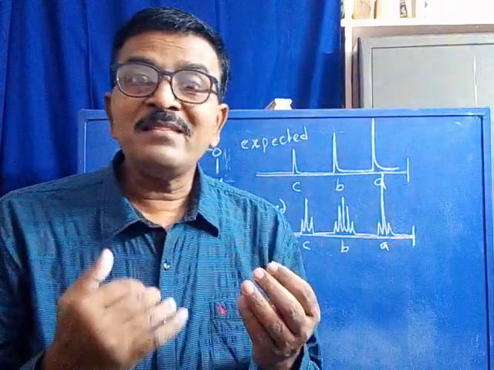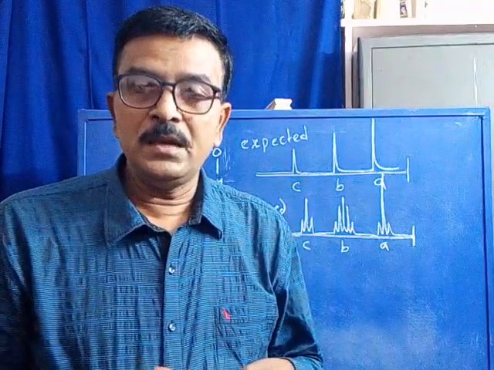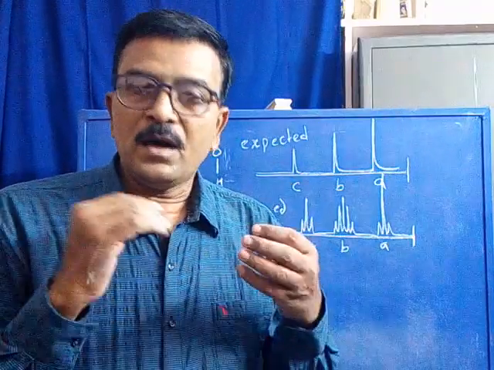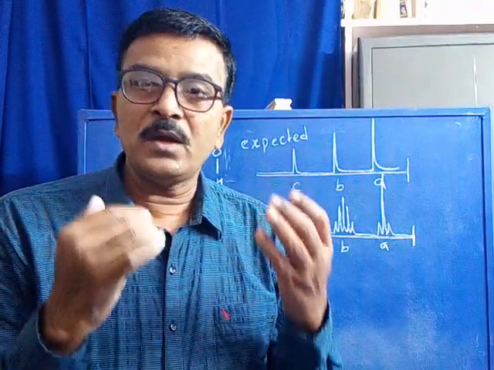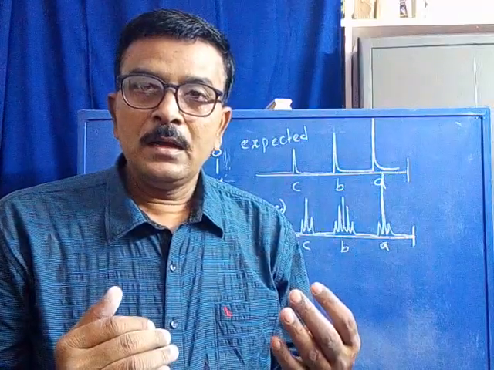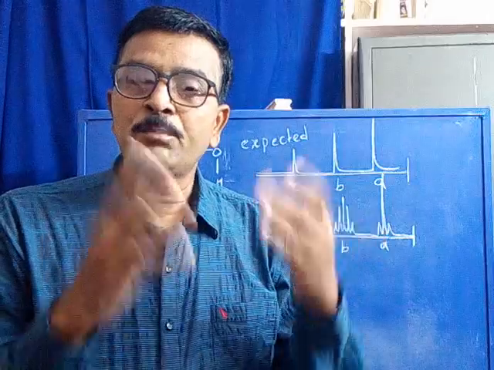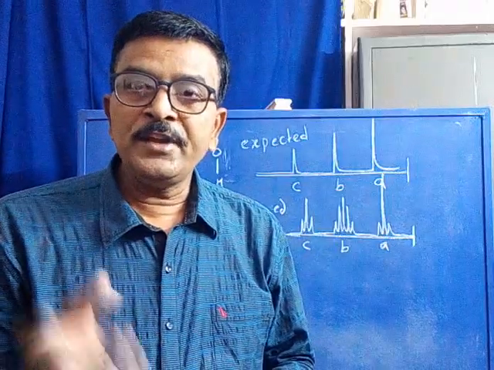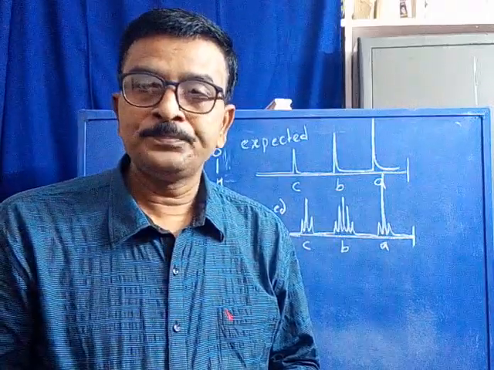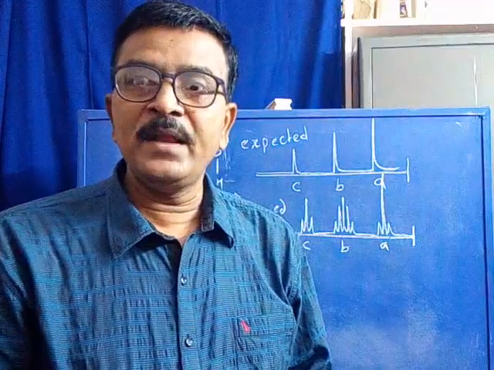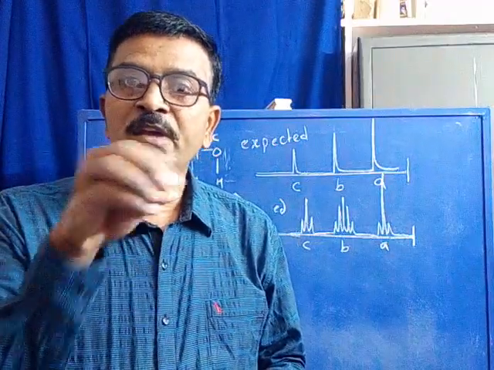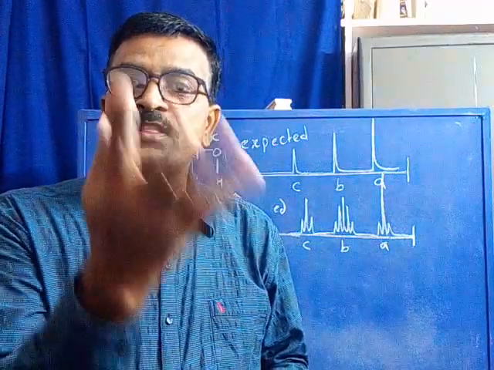Always, the spin coupled proton signal appears with more than one line. Wherever protons are present, if involved in the spin coupling, the signal must appear with more than one line.